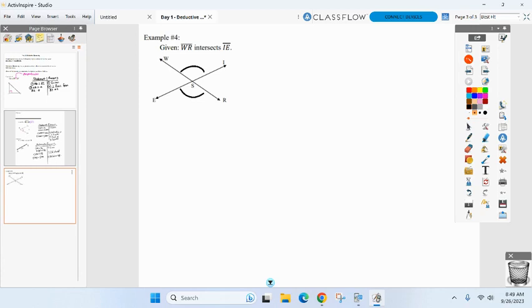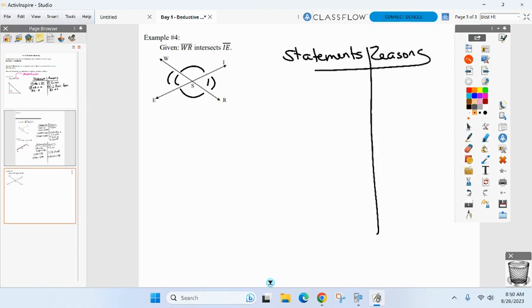So not only are those 2 congruent, but those 2 are congruent because they're vertical. All right, so let's start there before we start throwing out all this information. Statements. And yeah, I'm expecting you to see that and mark it. I'm not going to tell you they're vertical. We have to identify that on our own. So WR intersects IE.